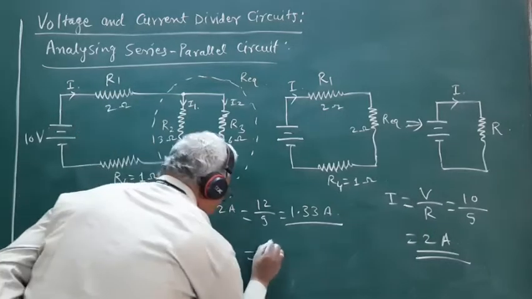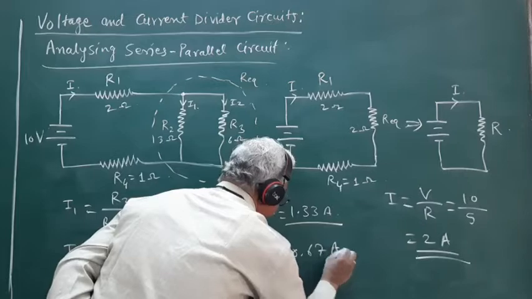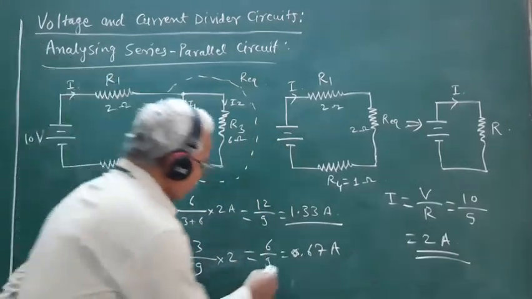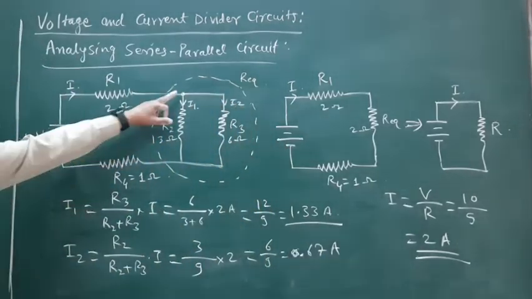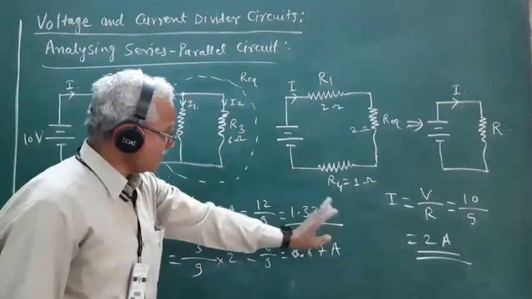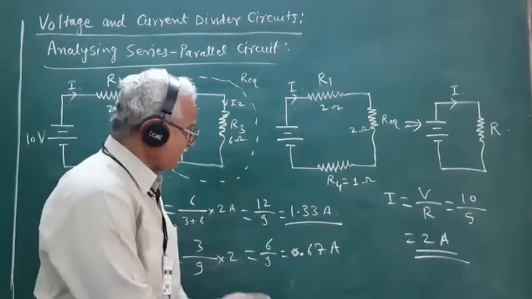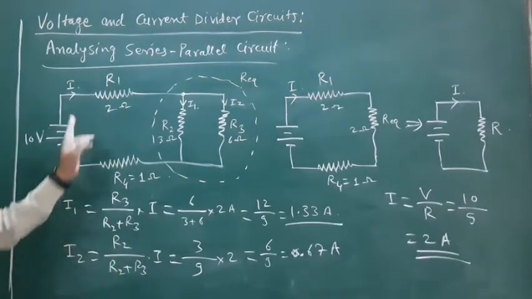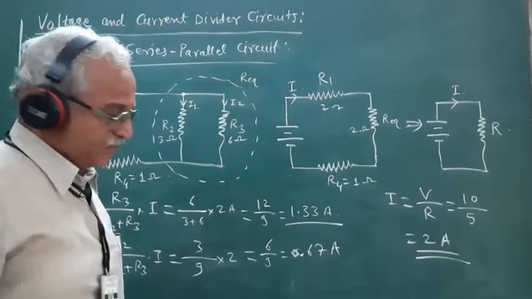So this is 6 by 9. So this is 0.67 ampere. So the current flowing through R2 is 1.33 ampere and the current through R3 is 0.67 ampere. The sum of these two currents works out to the total current I from the source.